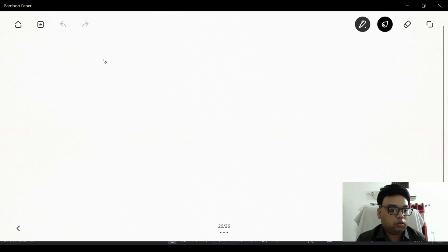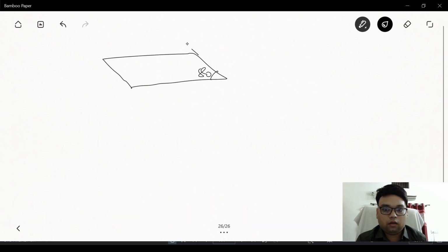Now question number 4 says, this is your figure. Here this one is equal to 80 degrees. This is angle Z, this one is angle X, and this one is angle Y. Now what will be the value of angle Z? Angle Z is equal to 80 degrees.